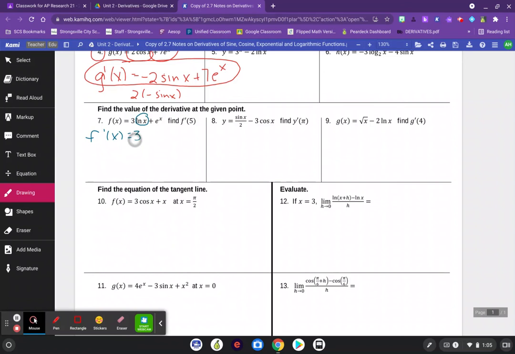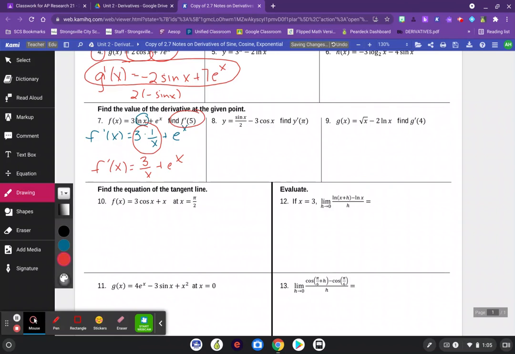So I have the 3 that's coming along for the ride times 1 over x. And then I have the derivative of e to the x, which is e to the x. By the way, 3 times 1 over x could just be written as 3 over x, plus e to the x. That's my derivative, but I have to evaluate at 5.